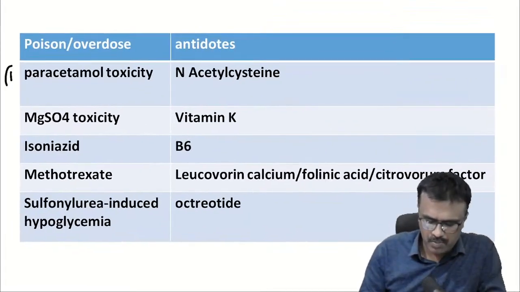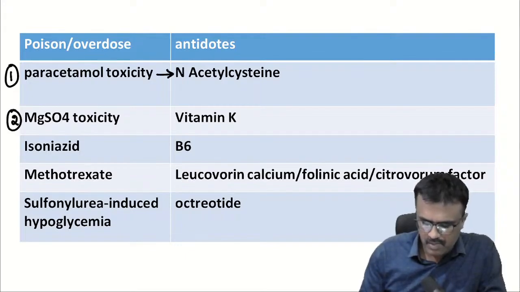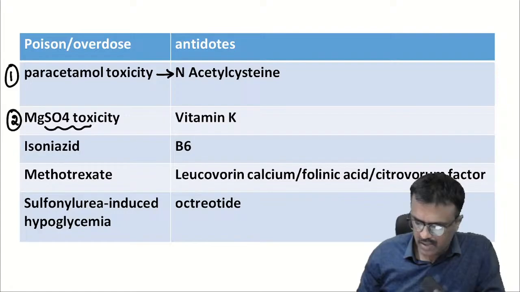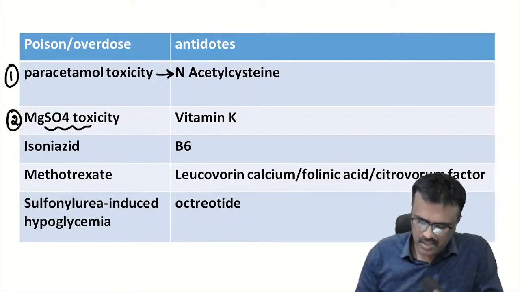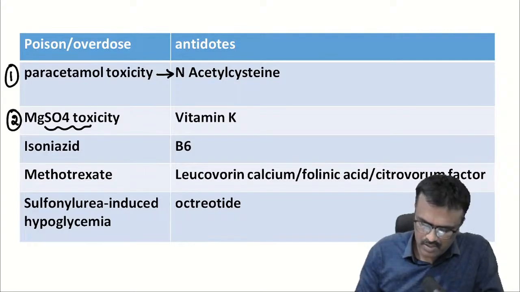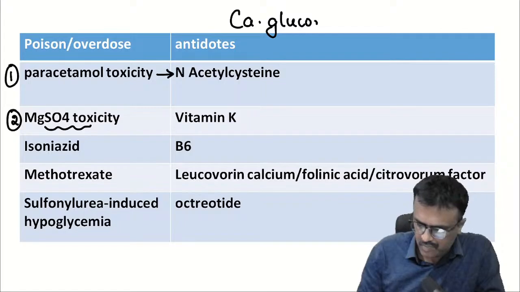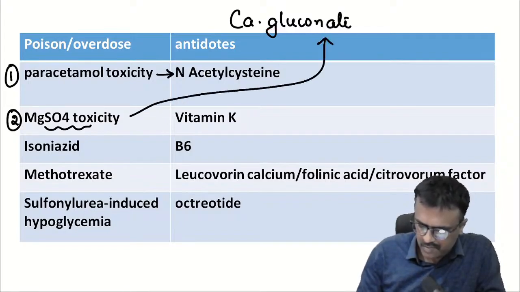Yesterday also I told you paracetamol, it is N-acetylcysteine. Magnesium sulfate toxicity, the antidote name is, yes, any guesses? The antidote is calcium gluconate.